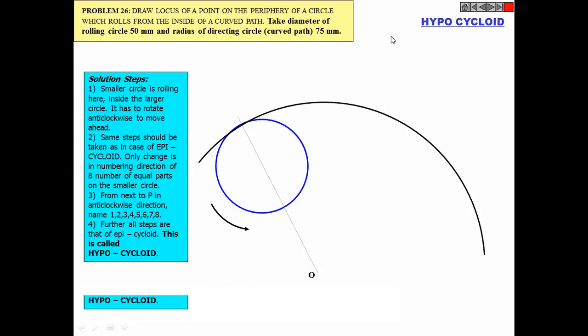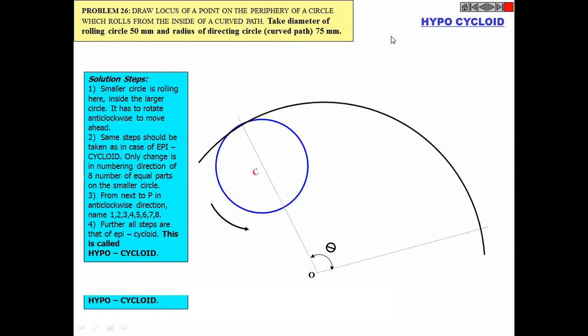Fine. Now we'll proceed. So this is the center. How will we measure this theta? What is the value of this theta? 120.